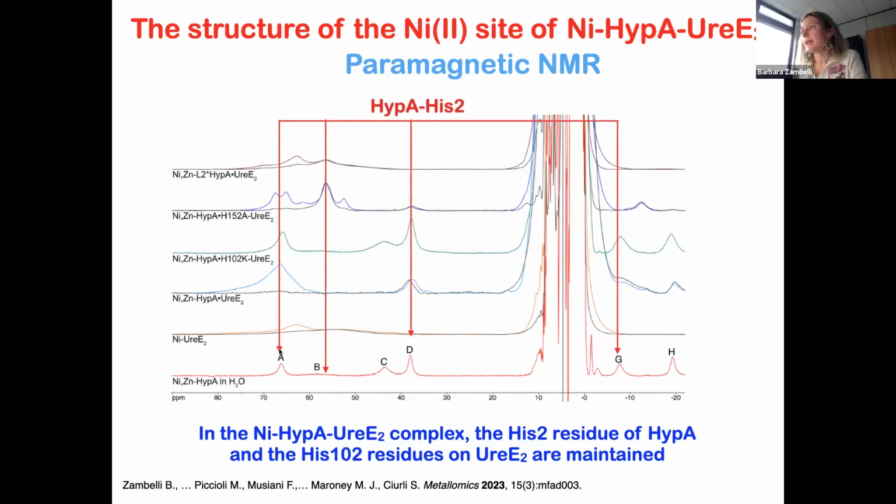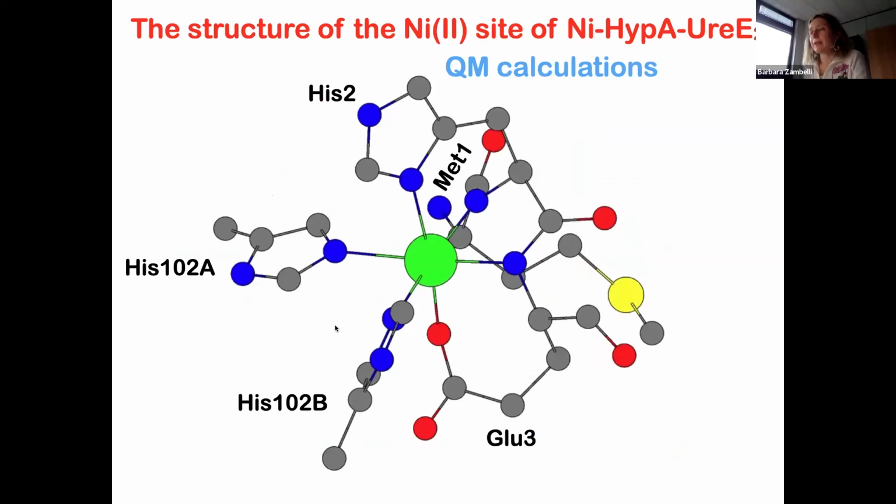You can see that the histidine 2 signals are maintained in the complex for HypA, and also the signal of histidine 102 in urease is maintained in the complex. So we could derive this model for the nickel binding site in the HypA-urease complex.